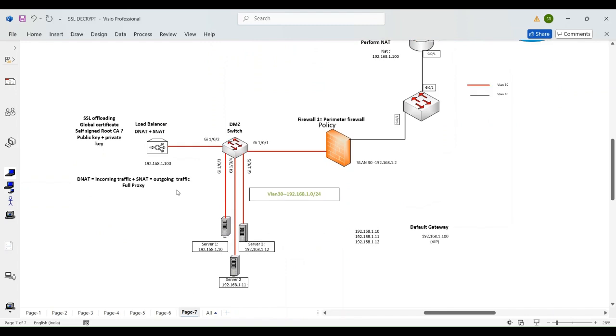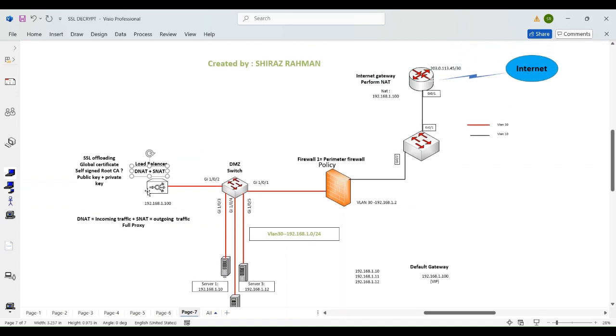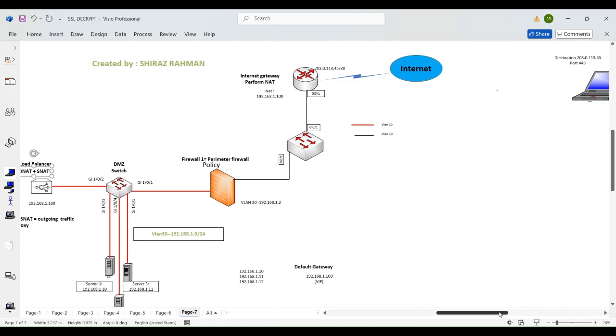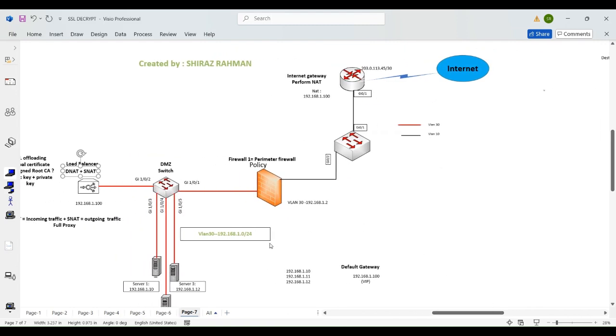Okay, so a lot of things happen over here. In the firewall, I want this to act as SSL offloading. So what is SSL offloading? Last time we had a discussion. Whenever there is an external client sitting outside who wants to communicate with any service or application, he could not go via the open internet, right?